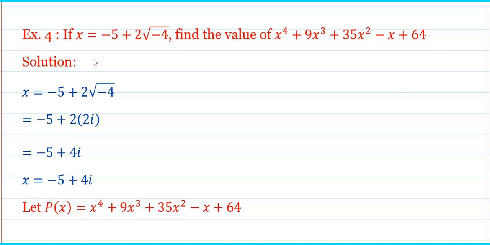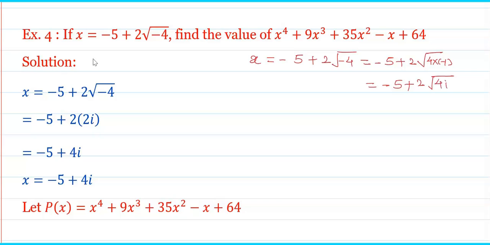Now here x is equal to minus 5 plus 2 root of minus 4, and that is minus 5 plus 2 root of 4 into minus 1. Minus 4 means 4 into minus 1. So it is minus 5 plus 2 root of 4i square, and root of 4i square is 2i, so that is 2 into 2i.